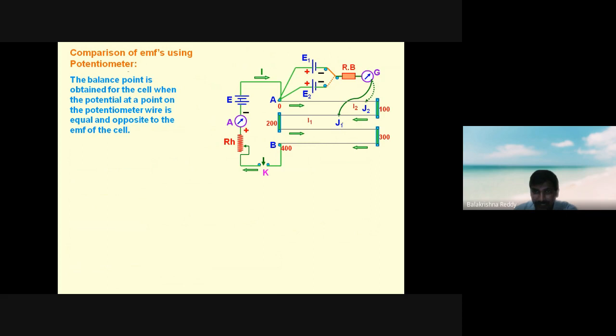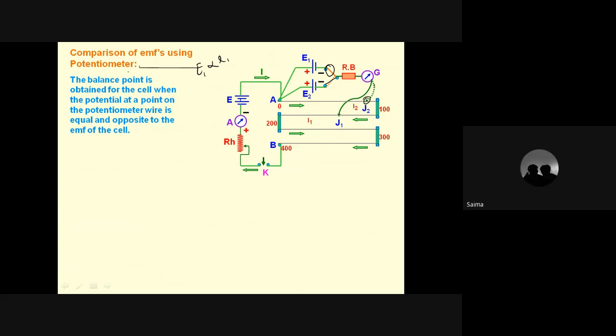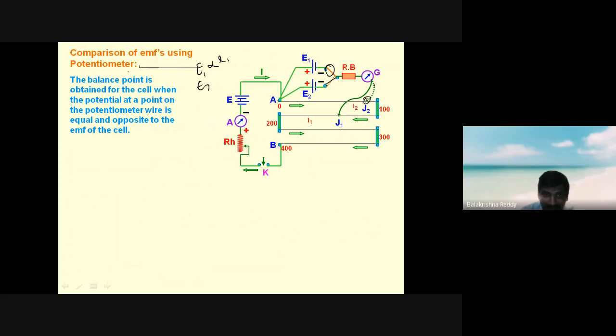At a particular point I get a reading J1, meaning E1 is directly proportional to L1. Then next I remove this and connect here, and I get J2. This is the second reading, for the second cell: E2 is directly proportional to L2 length.